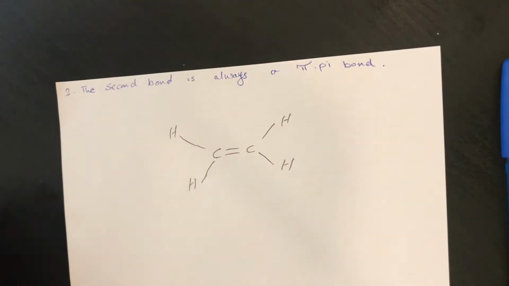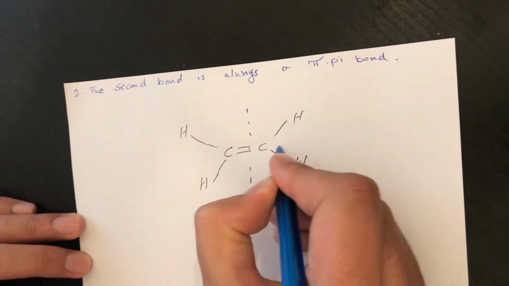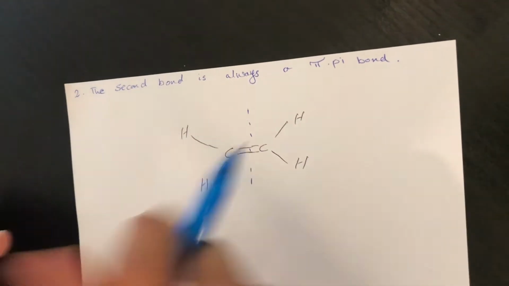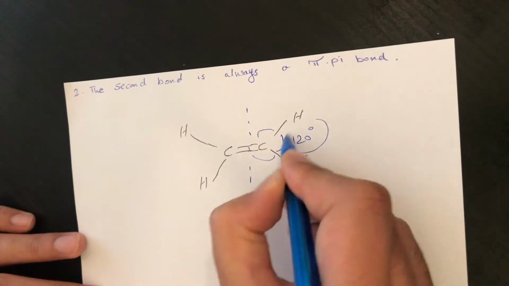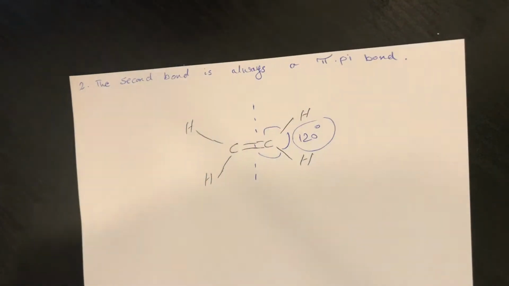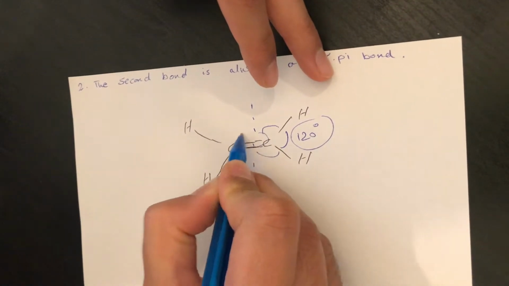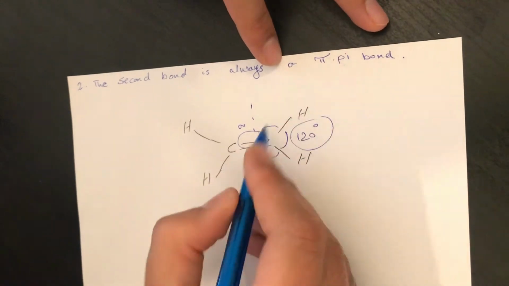If we look at this, we can put a dot in the middle. This shows us this is a triangular planar shape because the atoms are 120 degrees away from each other. We already said the first bond is a sigma bond, so the other bond is a pi bond, we know that.